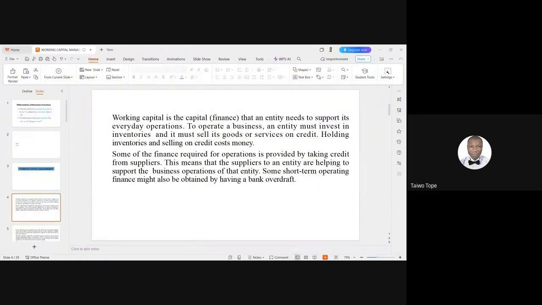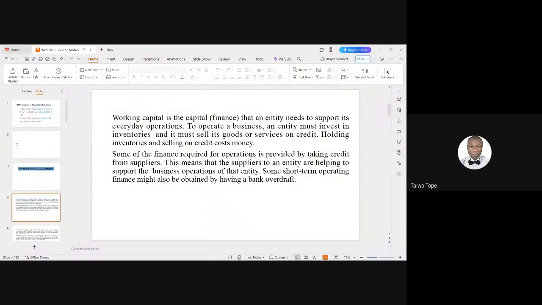One, availability of investment opportunities. When there are quite a number of investment opportunities around me, why should I keep too much cash? I should put it into profitable ventures that will yield more returns to me. So the sector you choose, the niche of business you choose, will determine how you manage your working capital.